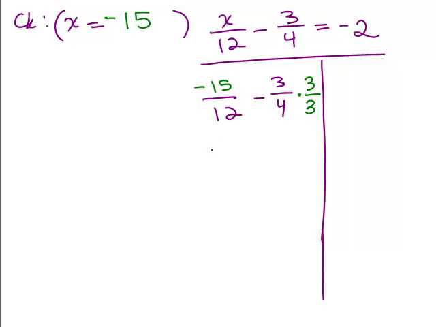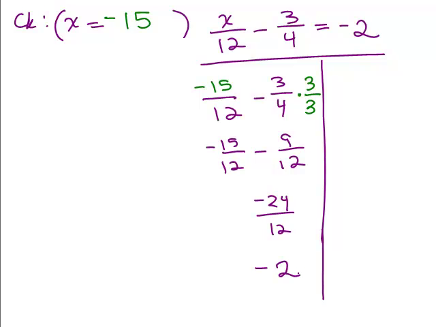So let's see, we've got -15/12 minus 9/12. And of course that's the same thing as plus a -9. So we have -15 plus -9, which will be -24/12. And then we have a negative divided by a positive, which is negative, and 24 divided by 12 is 2.